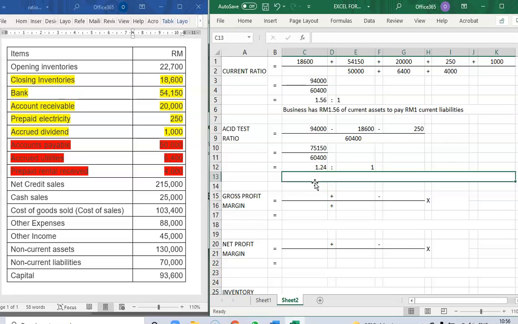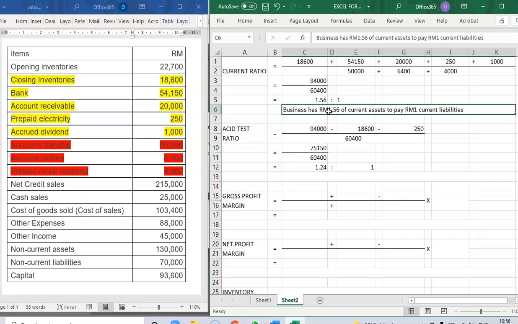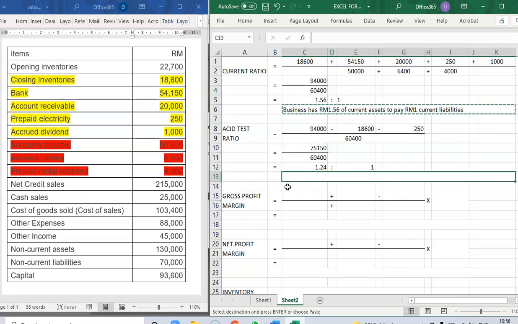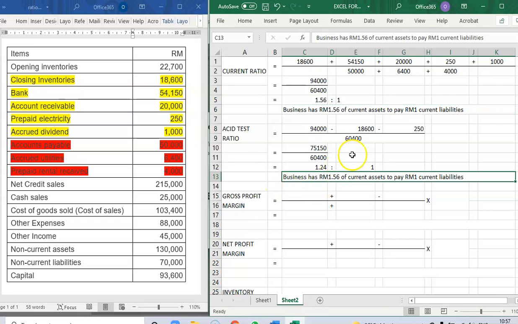Okay, then the explanation is very similar to the current asset, except you need to change the word current asset to most liquid asset.